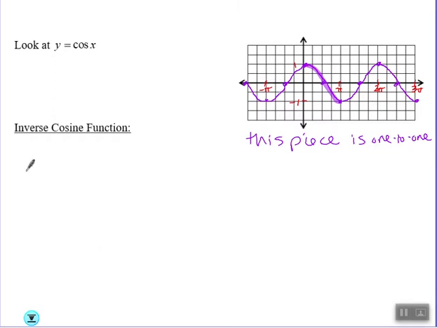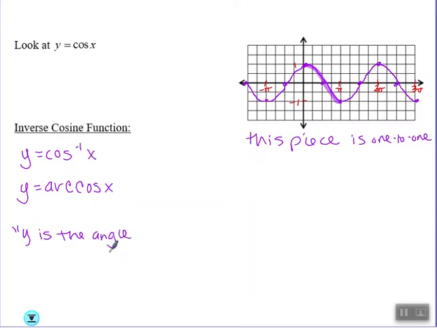Again, there are two ways of writing inverse cosine. You can do this or arc cosine of x. Both of these mean y is the angle whose cosine is x. Again, let's take a look at our unit circle.